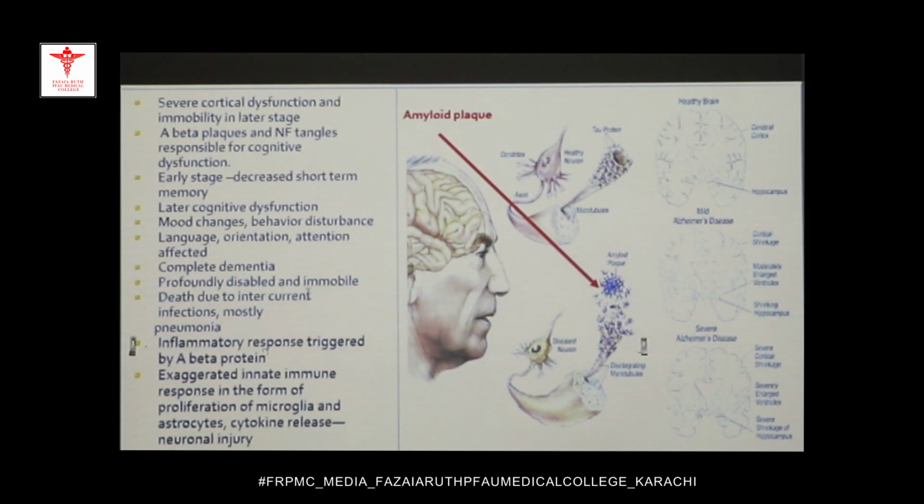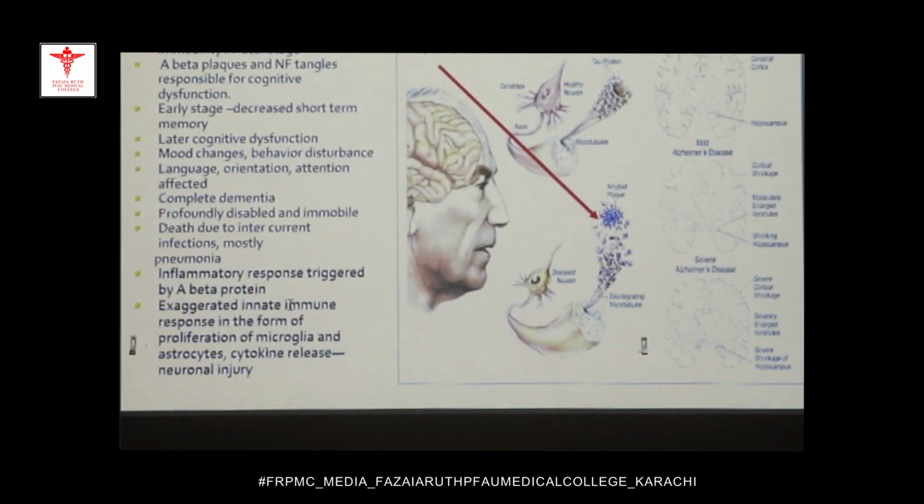Later on, complete dementia. To begin with, it is the cognitive dysfunction, but later on it leads to movement disorder with disabled and immobile individuals, and death usually occurs because of aspiration pneumonia and intercurrent infection.